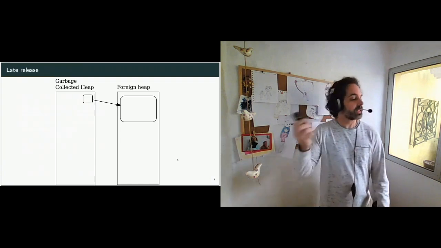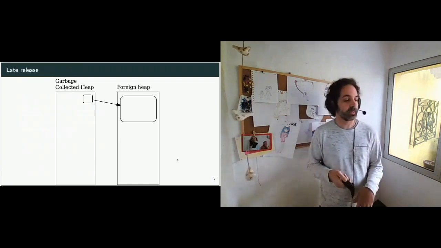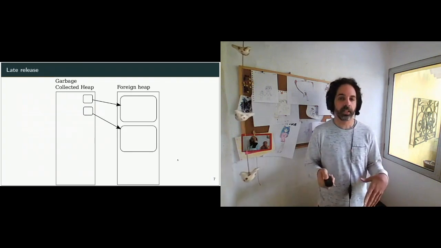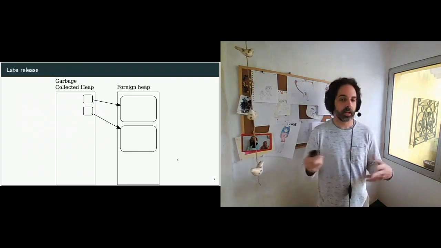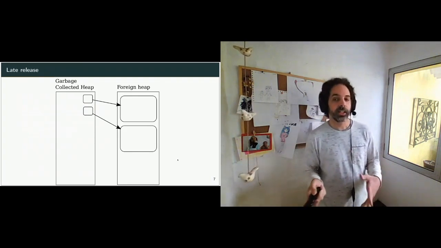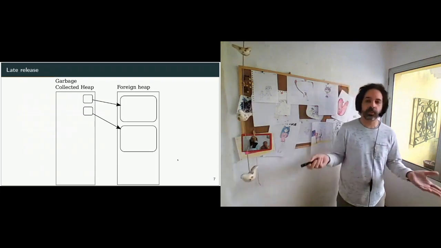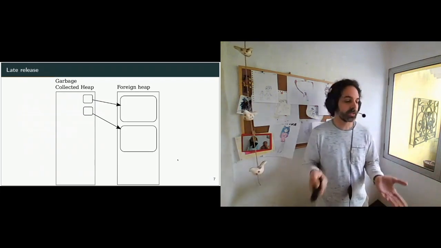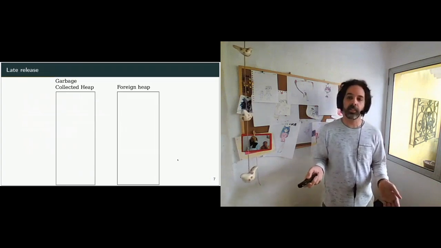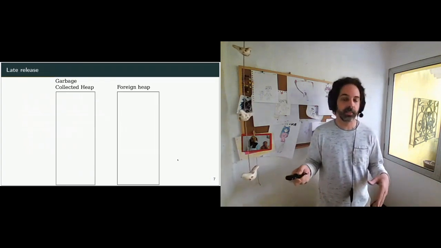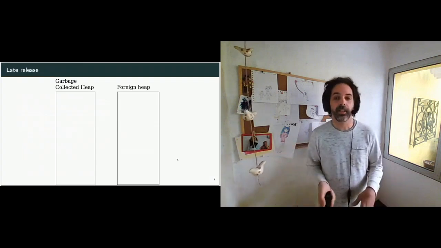So while the execution of the program advances, we can ask a pointer, then we can ask another. At some point, because the garbage collector is responsible for releasing these resources, when the garbage collector runs, the buffers are released, and the memory in the foreign heap is available again.